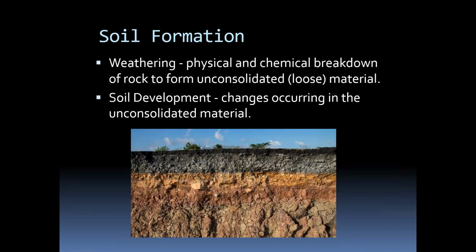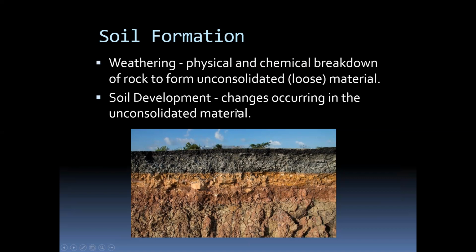Now, how is soil formed from the rock? There is a process called weathering. In a simple way, weathering is the breaking down of rocks into loose material, small fragments. It can happen due to two types of weathering, physical and chemical weathering.